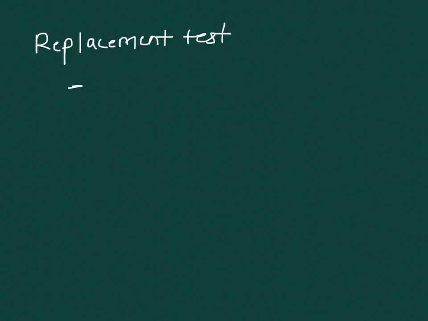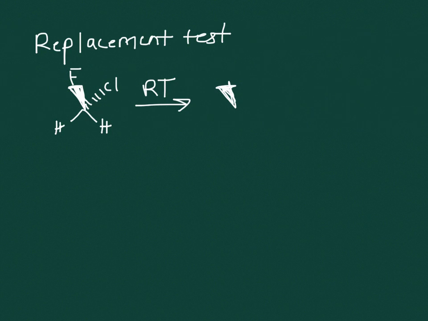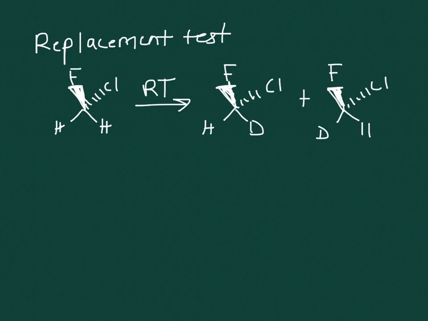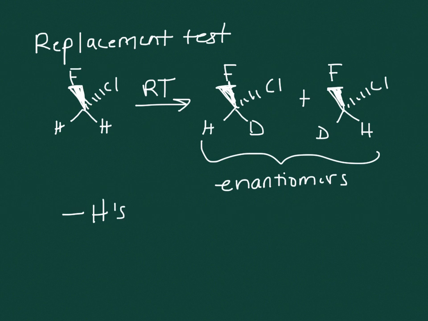So if we take the example below that I have drawn, and we do a replacement test, you can see that we get a pair of enantiomers. So the hydrogens are enantiotopic.